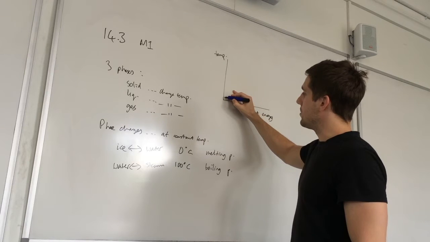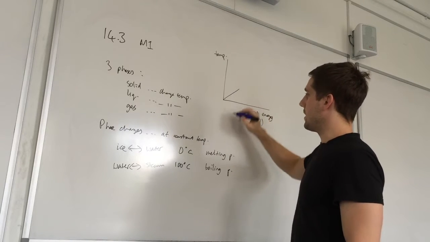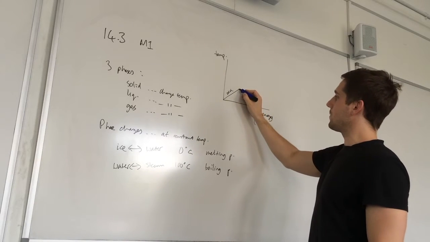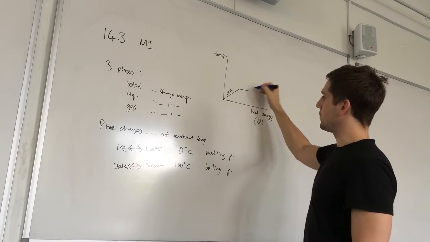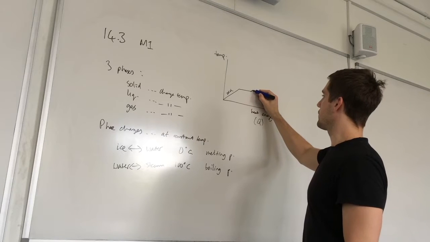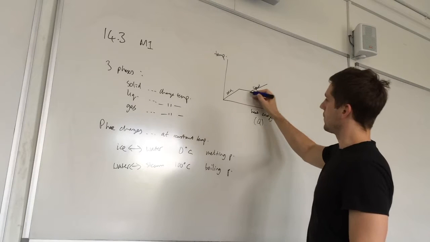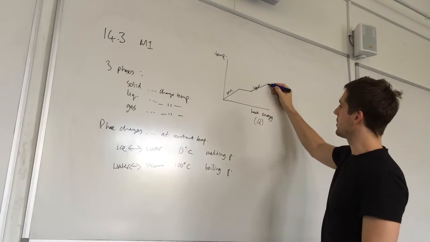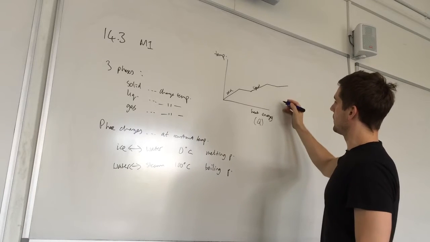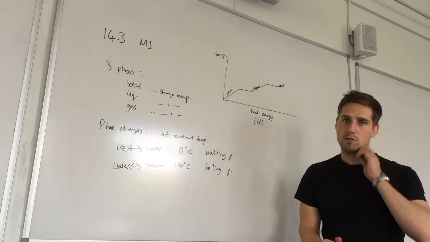Now, we start raising the temperature of my solid, and then it turns into liquid, and then it becomes liquid here. So it's all liquid here, and the temperature is going up, and then it changes to gas. Okay, so there we go. That's what it would look like graphically.